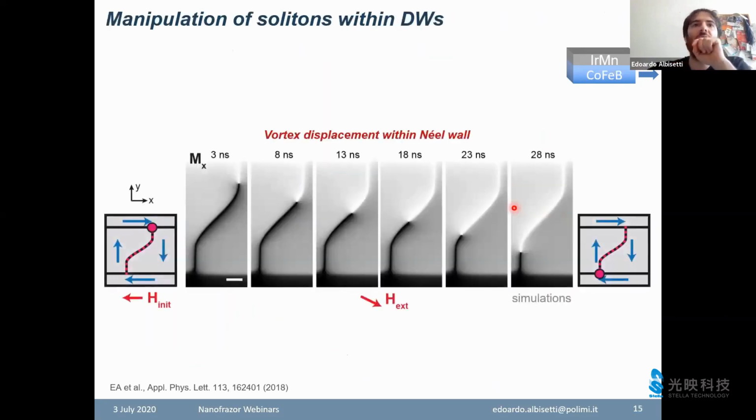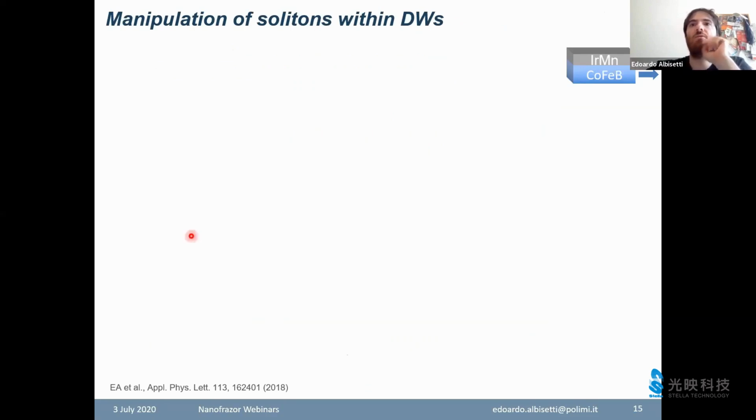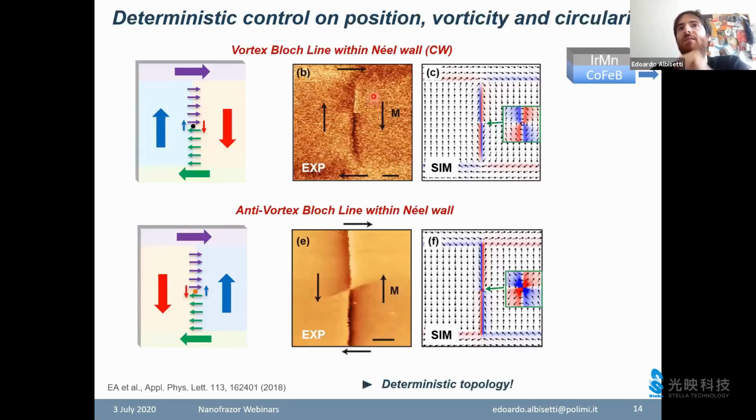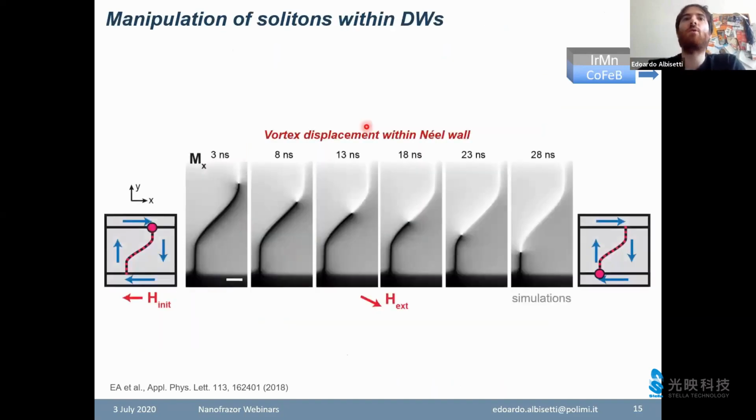And if you see what we saw before here, all these points on the domain wall where the vortex is stabilized act as possible metastable points for the vortex, which means that if you write a curved domain wall, for example, and you stabilize a vortex in the middle, then by applying a field or a current, you can move this topological texture around, using the domain wall as a racetrack.